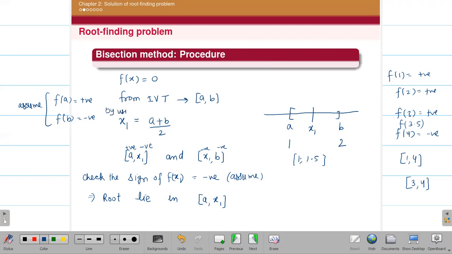Here I'm using the bisection method. So the bisection method will give you two subintervals. Then again I'm using IVT. Again from IVT, I will decide that the root will lie in this interval. So here I'm using IVT. So now again I'm using bisection.